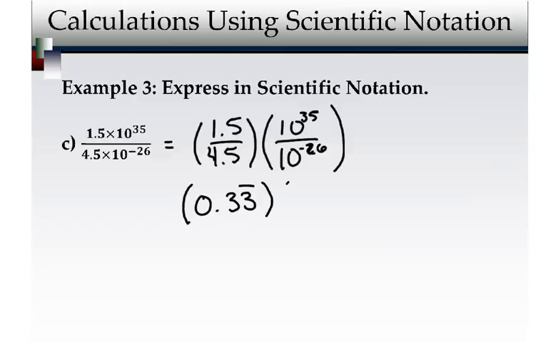And then here, remember, since we have 10 as our base in both of these, use your exponent rules to put together our exponents. So it's going to end up being 35 minus negative 26. So basically adding 35 and 26 together. And what we get is 59.